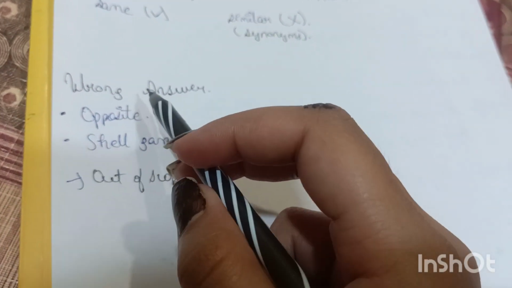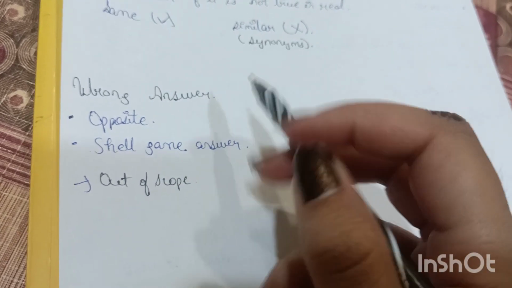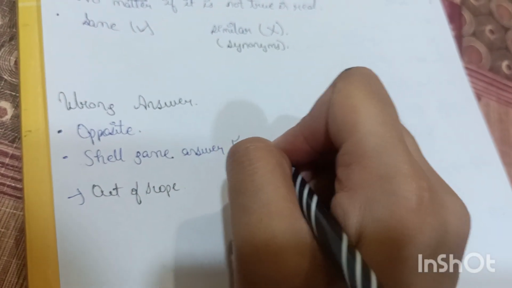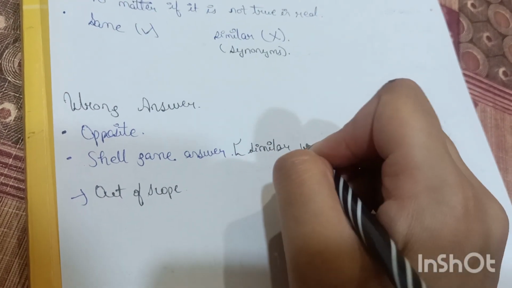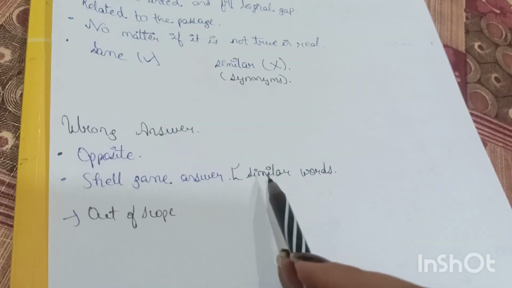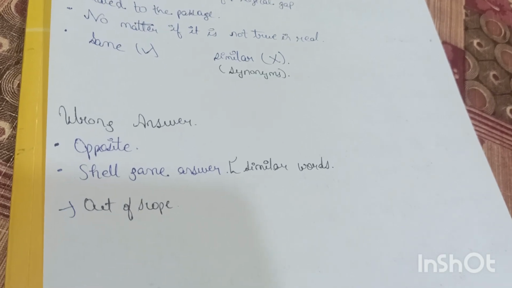Opposite means that the passage is saying something and the option is saying something else. So that answer will be wrong. And shell game answer means similar words, if they are given as synonyms. Now let's see out of scope.